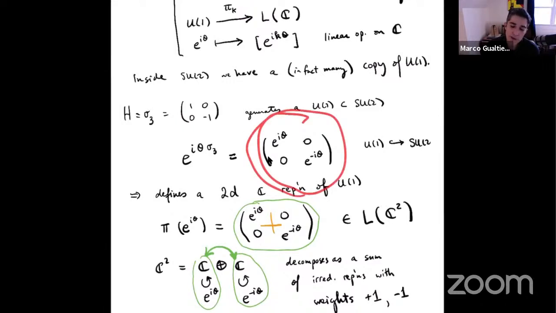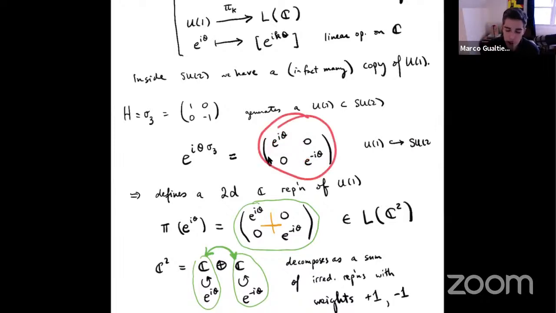This is a U1 subgroup of matrices which are diagonal. They have opposite eigenvalues because, remember, this is in SU2, so it should have determinant 1. By putting e^{iθ} in this entry and e^{-iθ} in the other, we get, obviously, a U1 subgroup of SU2, right?